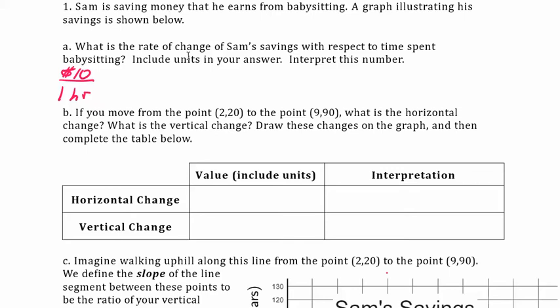He may be earning more per hour and only saving $10, right? So we don't know if he's saving all the money he's earning or not. So I think we could safely say here that Sam is saving $10 for every hour he's babysitting. For each hour he's babysitting, or something like that, okay?